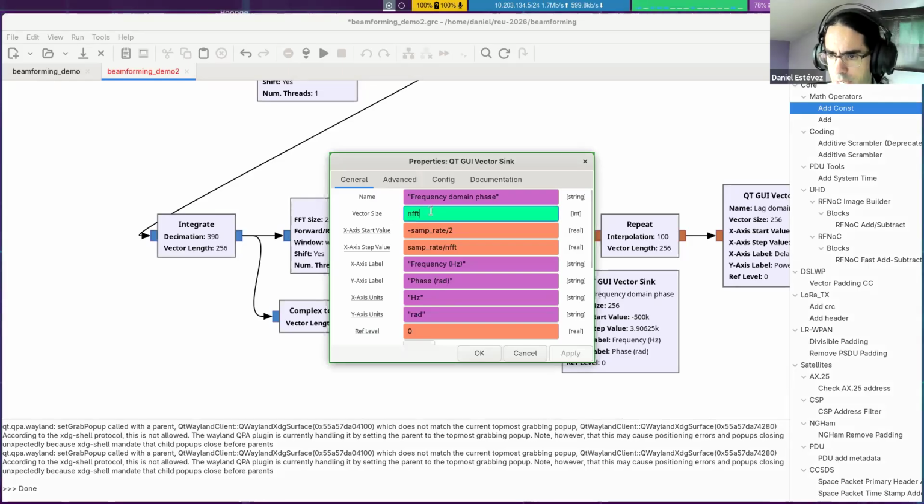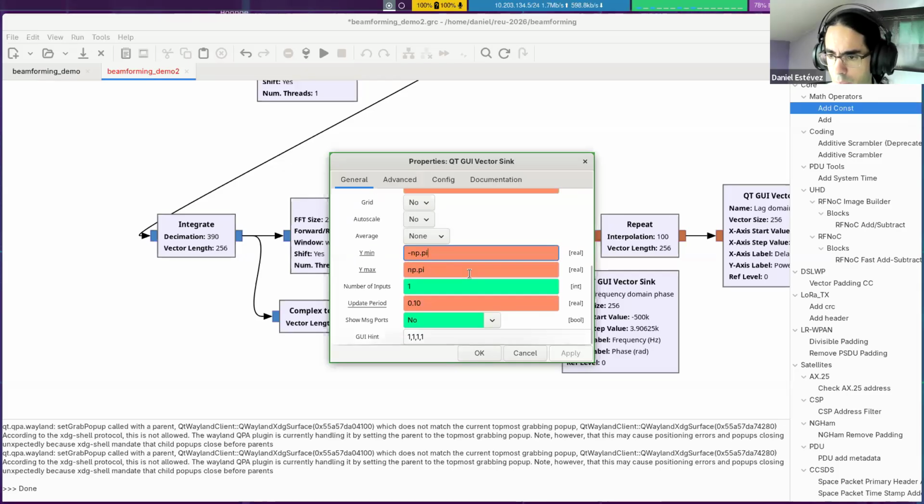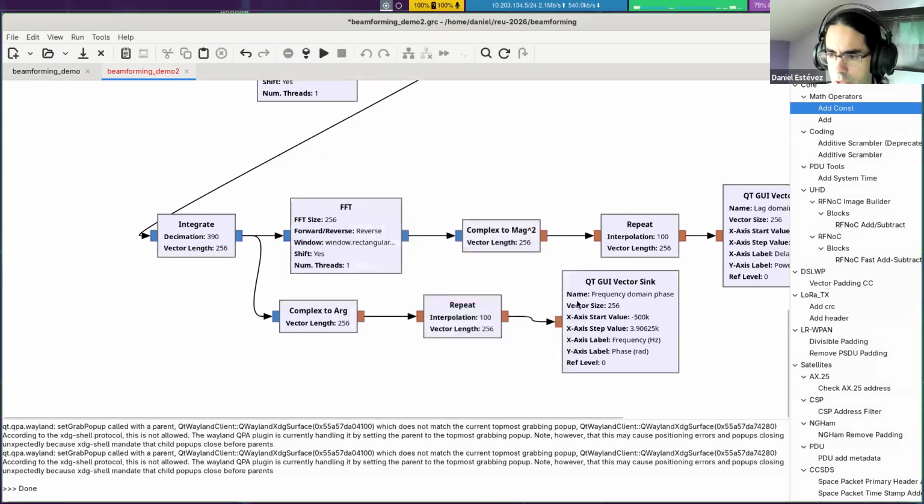The number of points is the number of FFT points. Then for the x-axis, we get the right frequency values if we start at minus sample rate divided by 2 and have a step of sample rate divided by NFFT. And because we know that this is going to be a phase in radians, we can set the minimum and maximum values between minus pi and pi. So nothing surprising. This is going to plot the phase, and I have given it the name frequency domain phase.